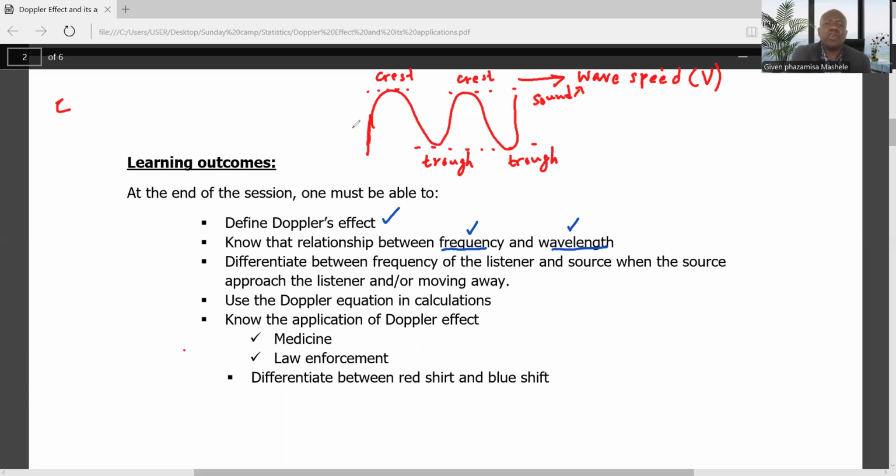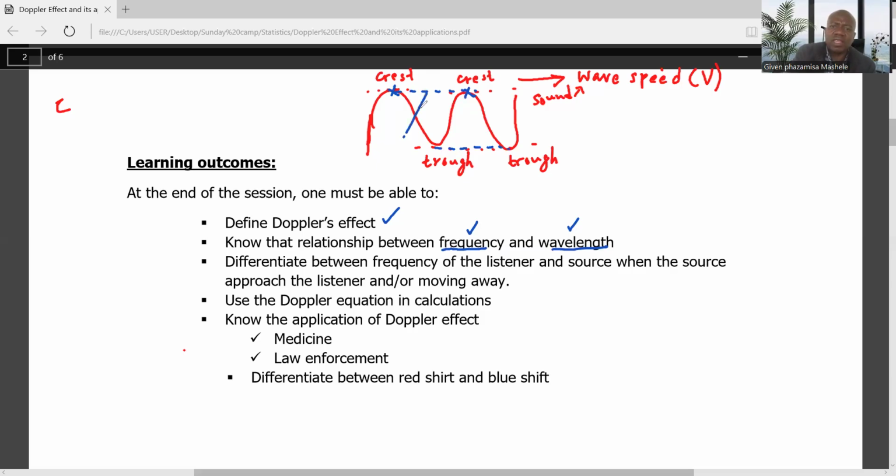So now, if we look at this wave, we have parts of the wave. We know that the distance from one crest to another crest, or the distance between two troughs, is regarded as the wavelength.